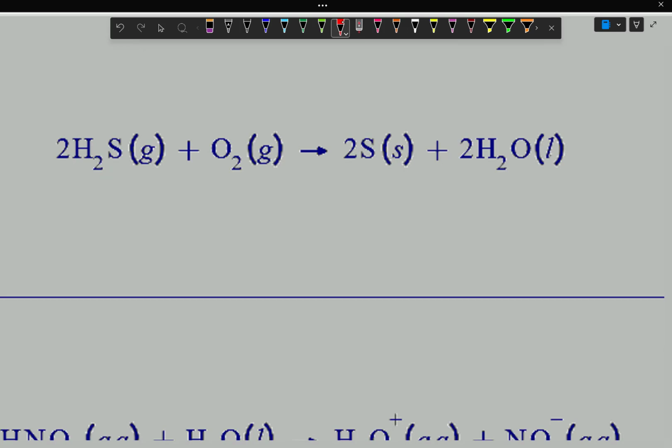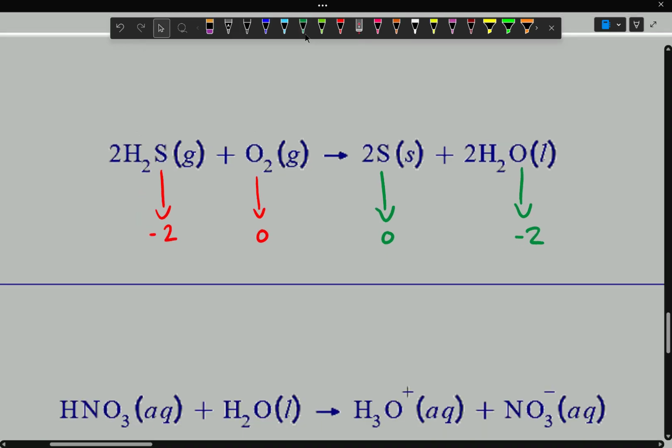So we're just going to show here that oxygen is 0 on the left, sulfur is -2 on the left, and then sulfur is 0 on the right, and oxygen is -2 on the right.